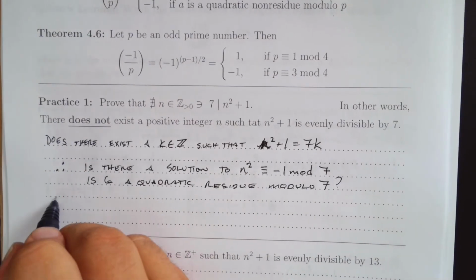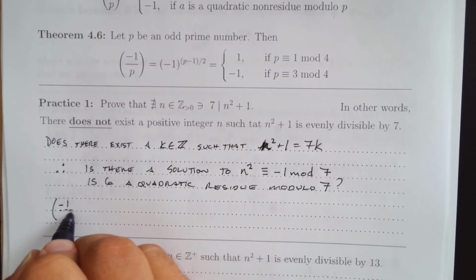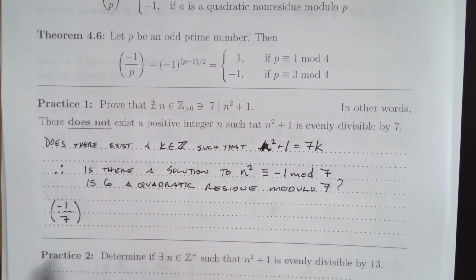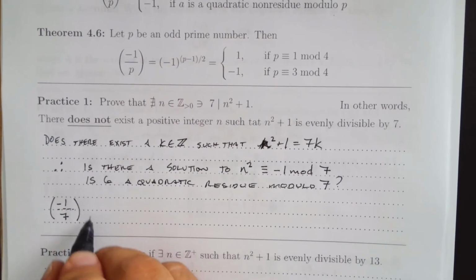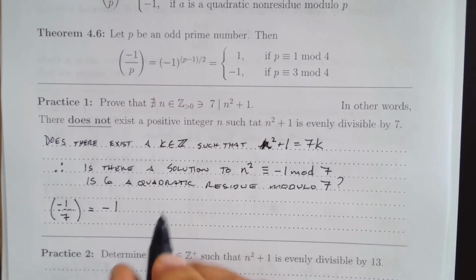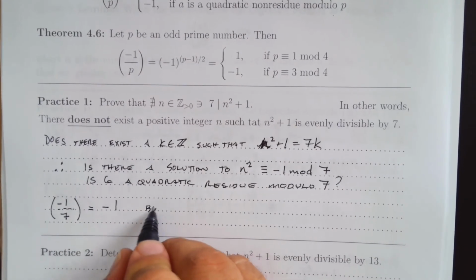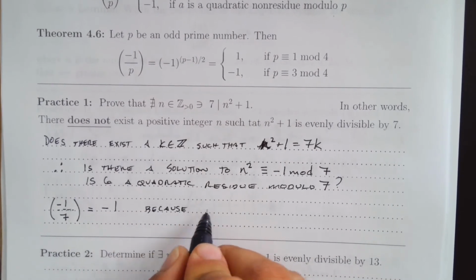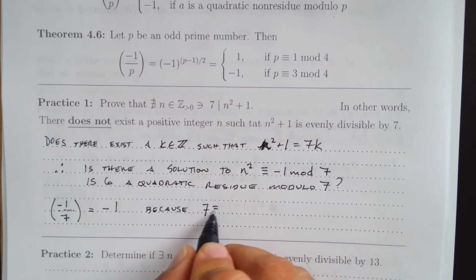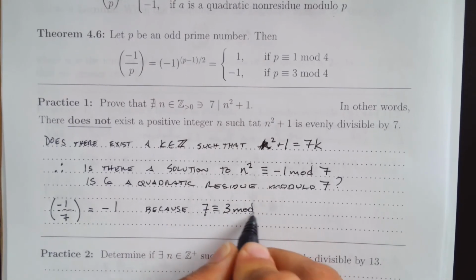So here's how it can work. The Legendre symbol of -1 modulo 7 is going to be equal to -1 because 7 is congruent to 3 mod 4.